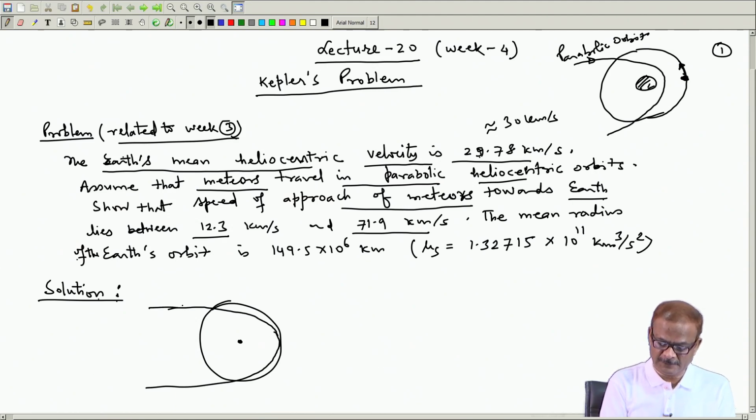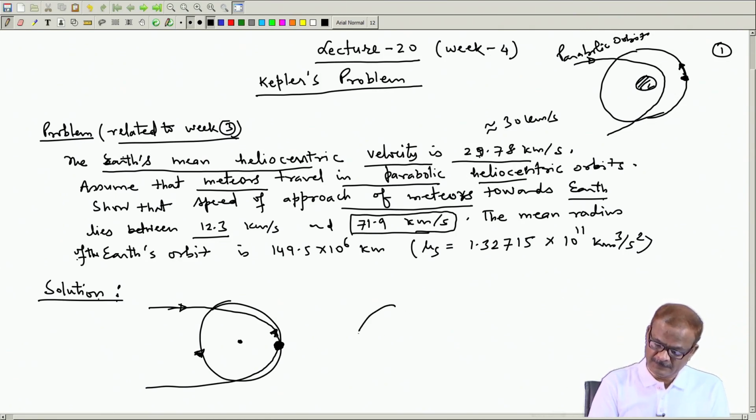It is going in a parabolic orbit and Earth is moving in this orbit. Once they come here, if the trajectory is such that it is going to hit the Earth, its velocity will be 71.9 kilometers per second if it is coming from this direction.